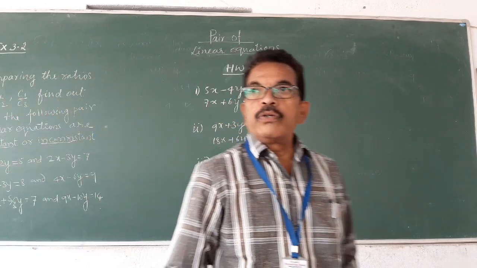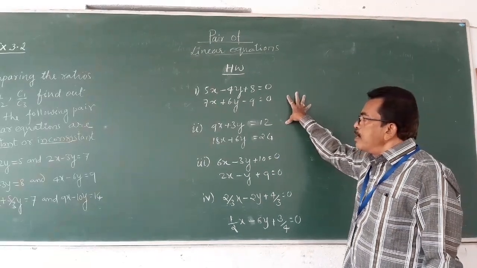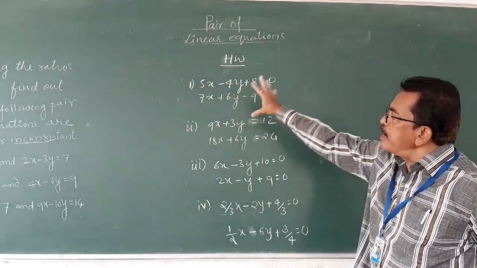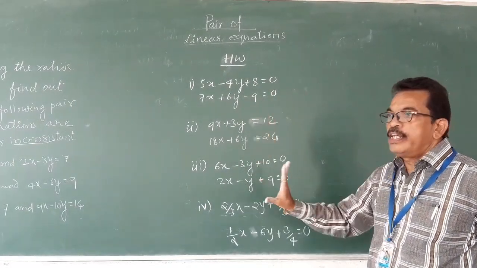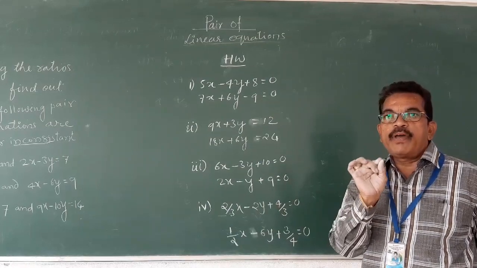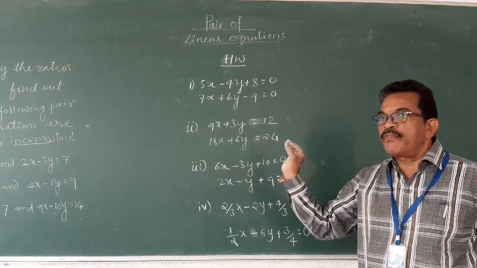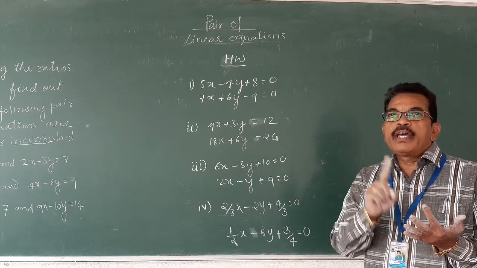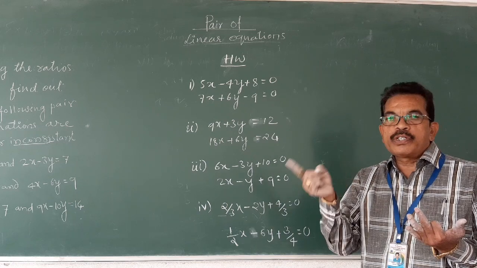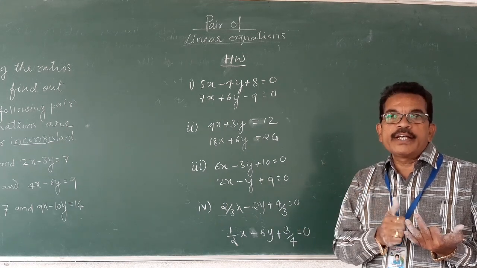See, today I have given 4 questions for the homework. So you have to find whether these pairs of linear equations are consistent or inconsistent. Simple way of finding the answer for such questions: you should remember that if the equations have solutions, those are consistent. If the equations have no solutions, those are inconsistent.